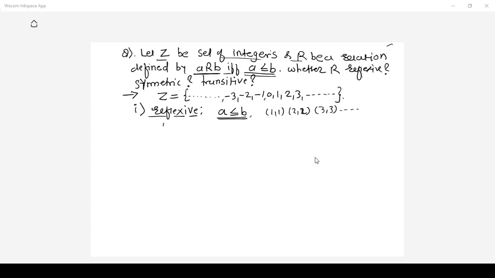So we can say for every A belonging to Z, the pair (A, A) belongs to relation R, as an element is always equal to itself. A is equal to A, right? Hence it is a reflexive relation.